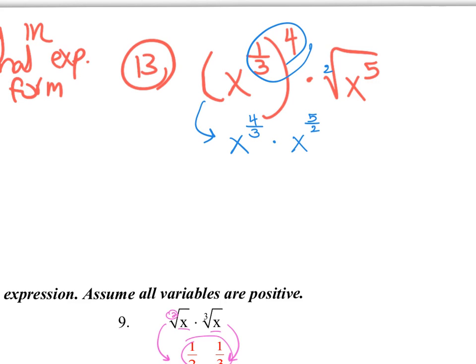Converted this by power to a power, converted this into rational exponent form. And then your last thing here is your product property, like bases. What do we do with our exponents? We add them. Okay, and so what you'll do here is you'll do 4 divided by 3 plus 5 divided by 2. You can get a common denominator to add them. You can also reach for your calculator, and it gives you x to the 23/6.